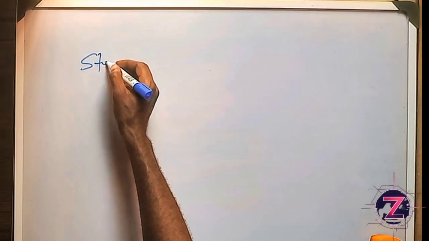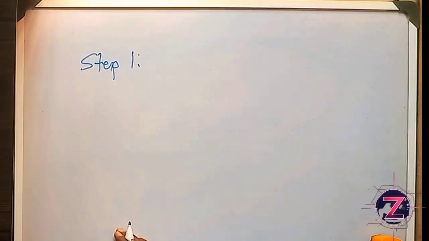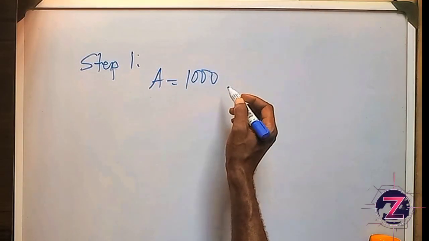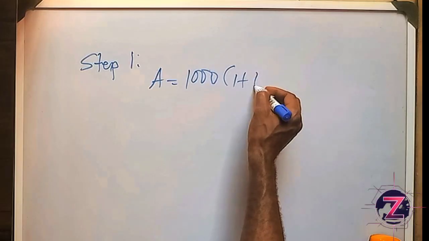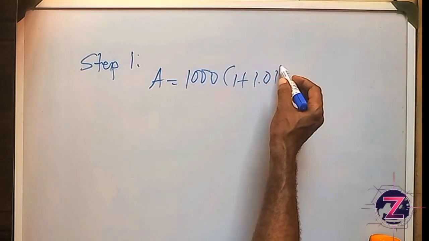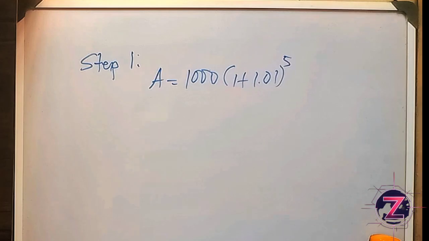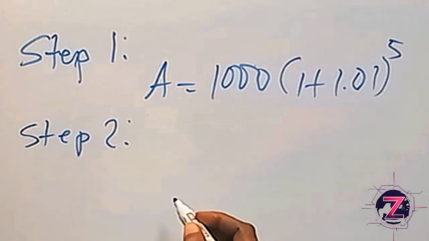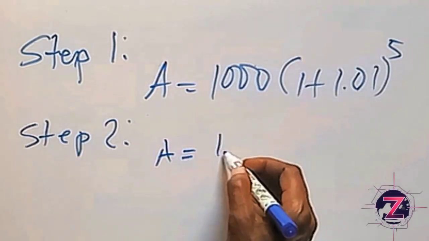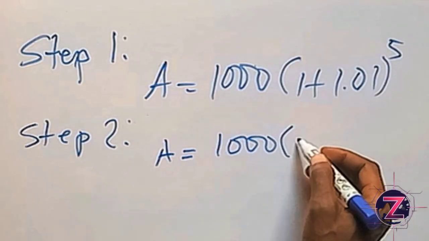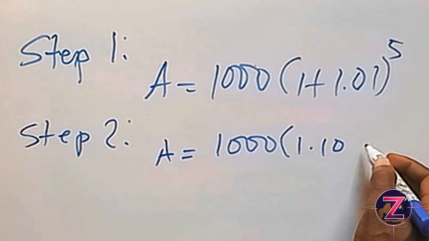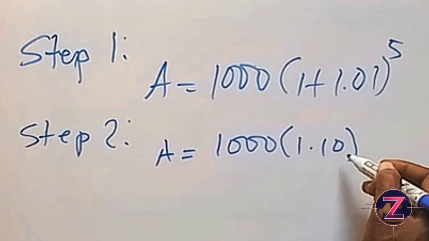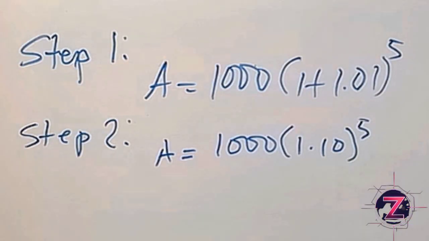Step 1: A = 1,000(1 + 0.10)^5. Step 2: A = 1,000(1.10)^5.